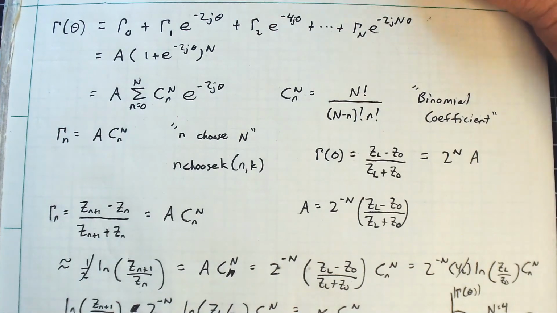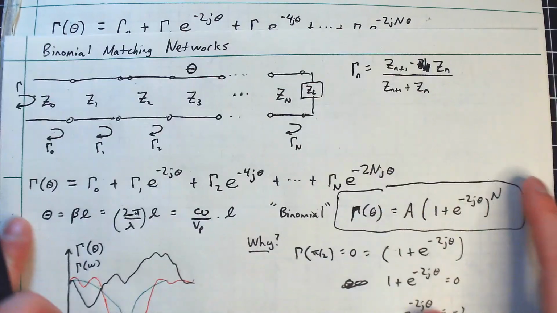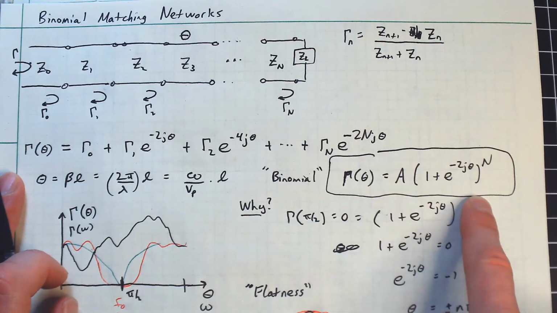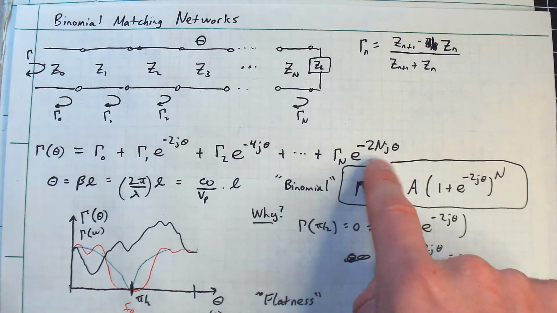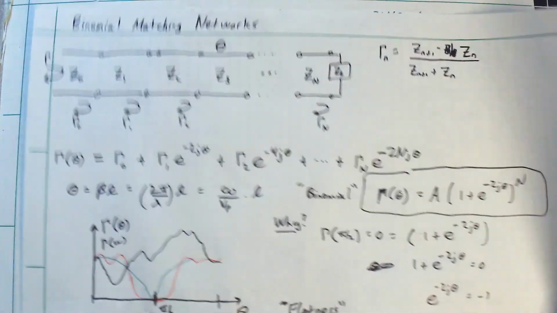So just to rehash, we had this multi-section transformer, and we imposed this condition here. I wanted my reflection coefficient to satisfy this function, and so I just did the expansion of my Fourier series here to match this binomial expansion here.